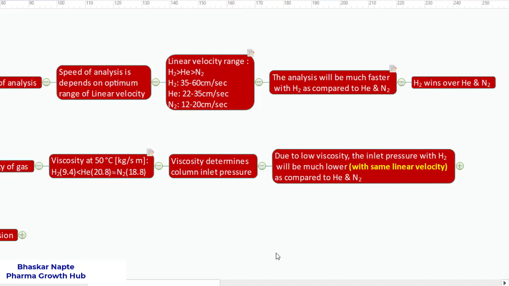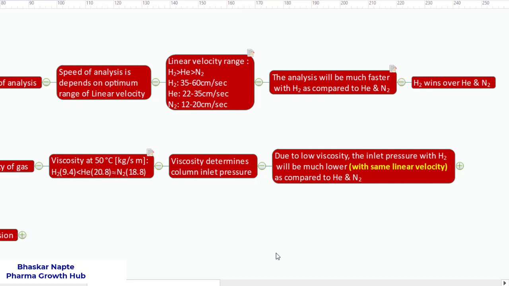What does this indicate? Helium and nitrogen, being more highly viscous carrier gases, will yield the higher inlet pressure. And if the higher inlet pressure is there, you cannot flow more carrier gas through the column. You will have limitations.